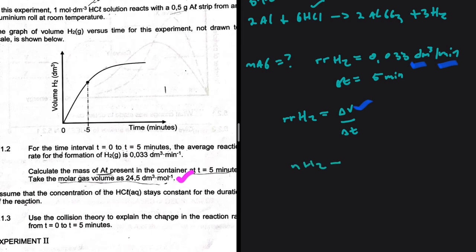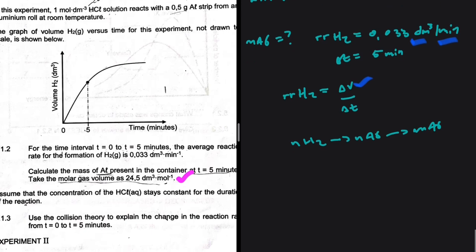When we find the number of moles of H2, we are going to find the number of moles of Al that reacted. And from those number of moles, we're going to find the mass of aluminium. And then when we have the mass, we can subtract it from 0.5 in order to find that which remains. So if in your calculation you don't subtract at some point, you didn't do it the correct way. There's some marks that you're going to lose. But either way, let's carry on.